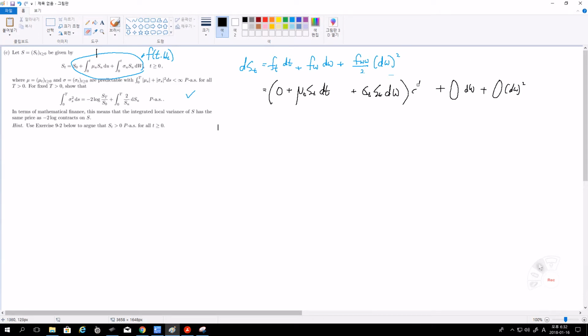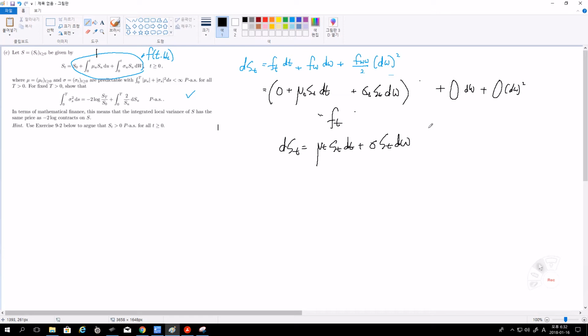Let me delete this part. Okay, dt. So this entire thing is basically the f_t part. Which means that dS_t is mu_t S_t dt plus sigma S_t dw, right?